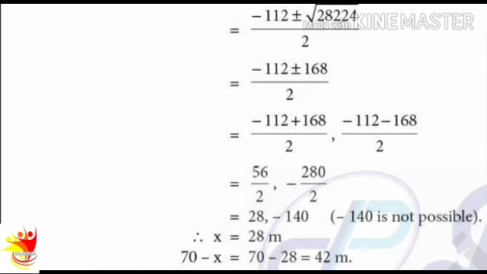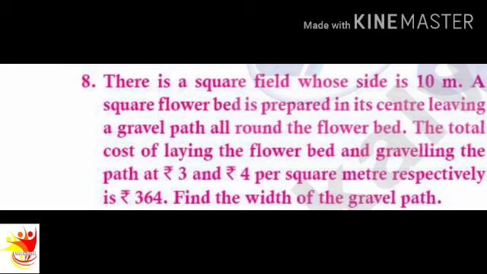Minus 140 is not possible, a negative cannot be a possible value. Therefore, we get x equals 28 meter. First distance x equals 28 meter. Second will be 70 minus x, that equals 70 minus 28 equals 42 meter. Therefore, the person is standing at a distance of 28 meter from the first gallery and 42 meter from the second gallery. That's the 8th question.